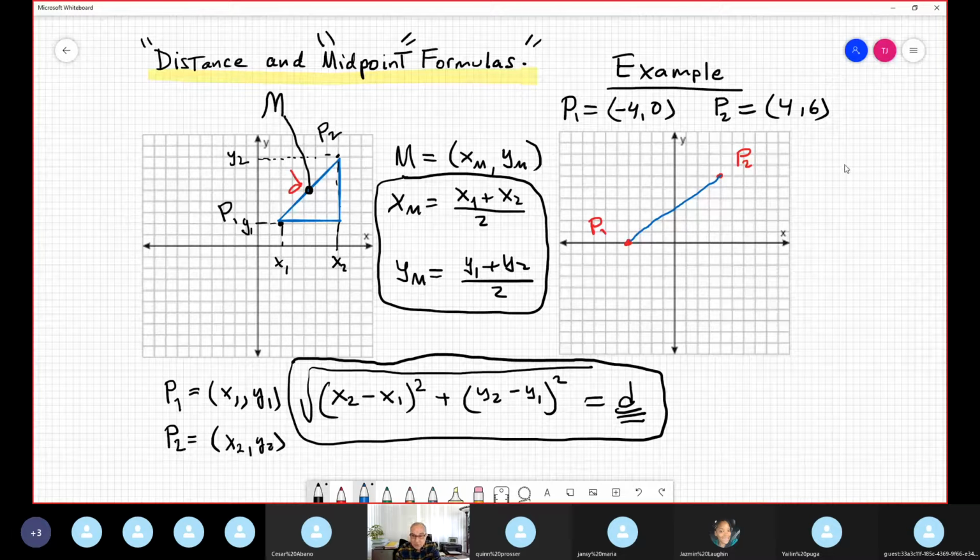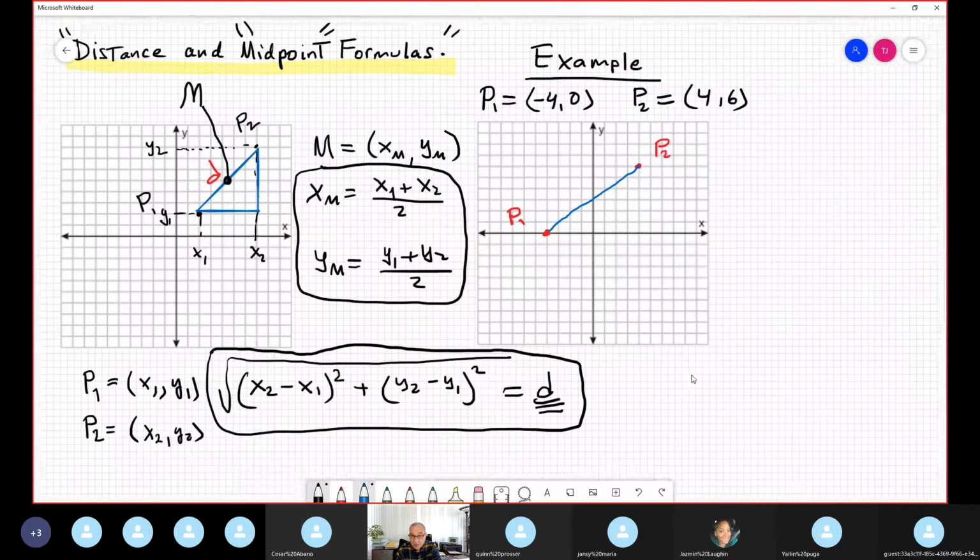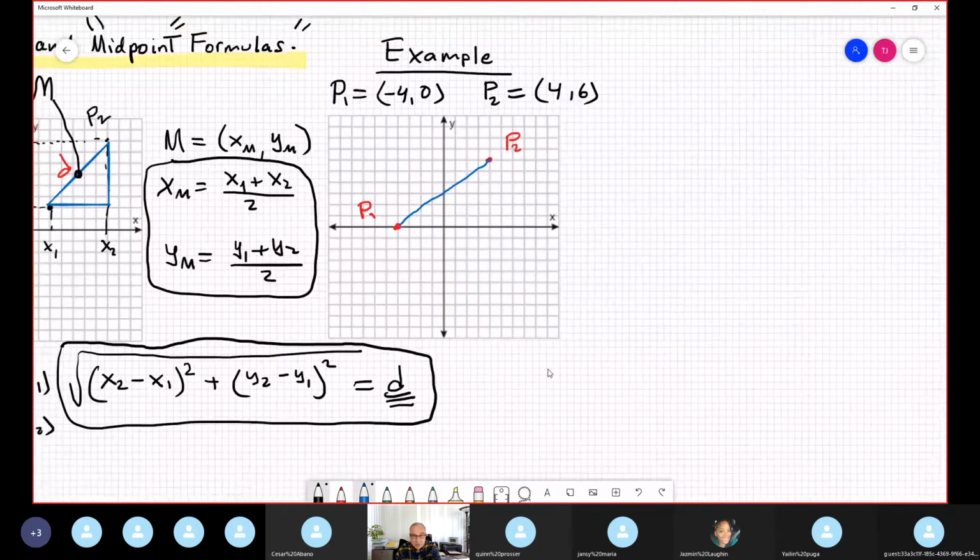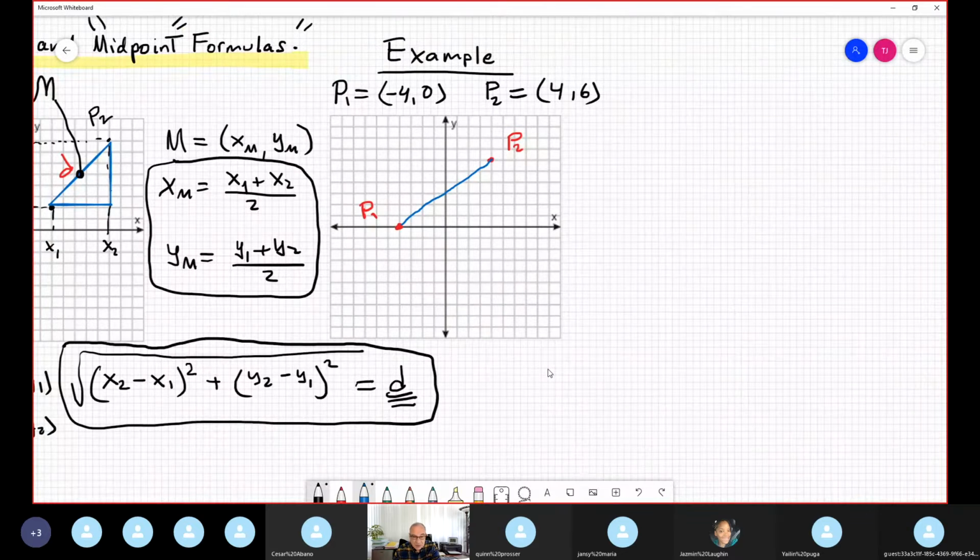Okay. Let me try to apply the formula and also, why not, the geometric interpretation. Look, remember the distance is a big formula. However, it's super easy to determine, for example, what is the distance between -4 and +4?